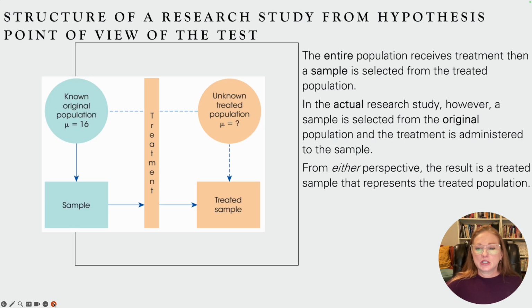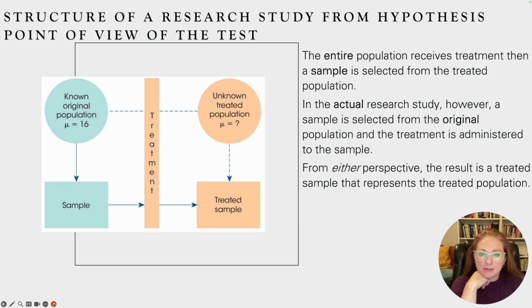Okay, so the entire population receives the treatment, then a sample is selected from the treated population. So again, we're kind of grabbing a small group. In the actual research study, however, a sample is selected from the original population, and the treatment is administered to that sample. All right, so the greater population, unknown stuff is going on with that population.